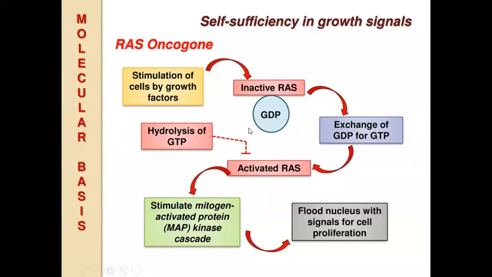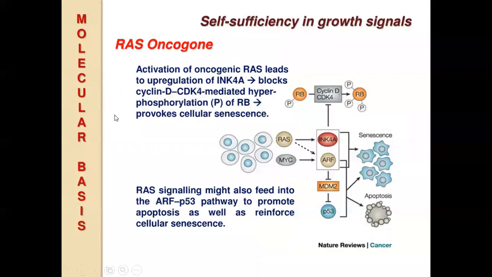The mutated RAS, which is unaffected by GTPase, results in a continuous signal to the cell to proliferate, and the common mode of activation in this process is the point mutation. So what happens? The activation of oncogenic RAS leads to the upregulation of cyclin D, which blocks the cyclin D CDK4 mediated hyperphosphorylation of RB protein.